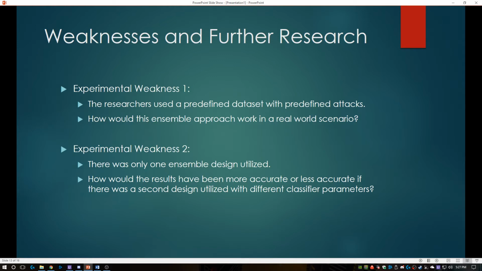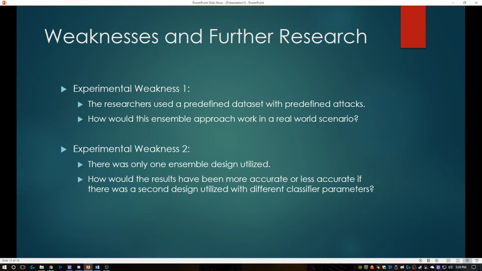One other experimental weakness that crossed my mind was that we're only using one ensemble design. They designed one of these architectures with these 2 different ensemble classifications that were filtered together. It would have been interesting to see how the results changed, being more accurate or less accurate, if a second design model was utilized with different classification parameters.